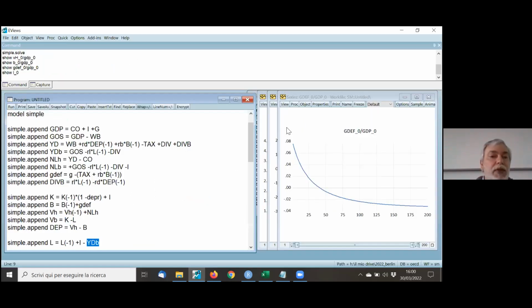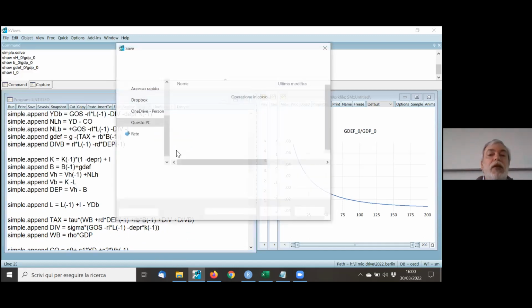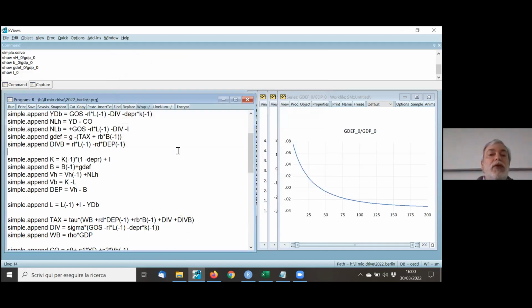So let's see what happens first in E-views. So here we deduct depreciation on the opening stock of capital, and the dividends should be paid on this less depreciation. And I think everything else should be okay.